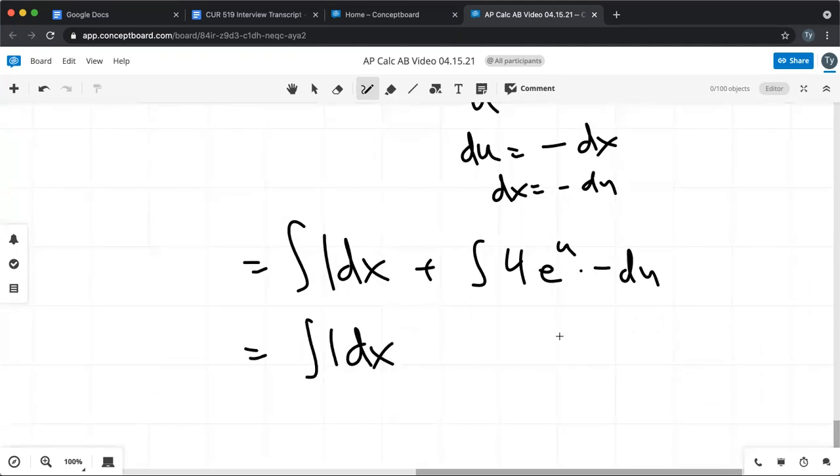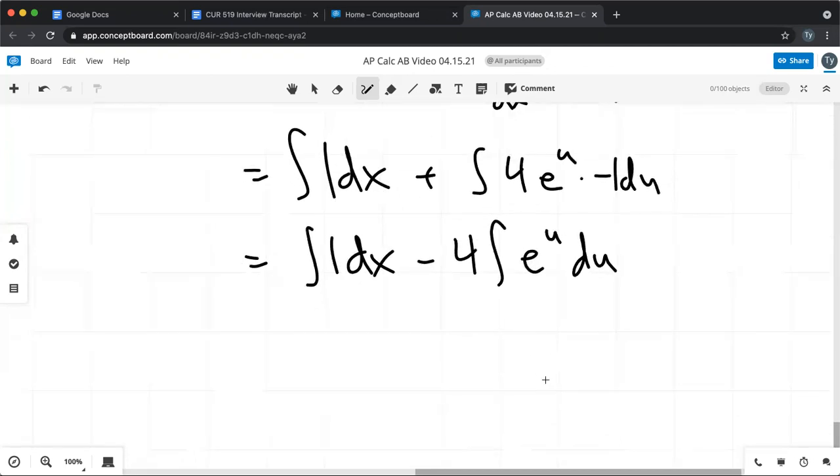Just going to rewrite this term. Now, we have some constants here. We have a 4 and we have a -1. So we can pull out the 4 and the -1. So that's -4 times the integral of e to the u du. Okay, let's take some antiderivatives. The antiderivative of 1 is x. We have our -4. The antiderivative of e to the u, well, that's e to the u.